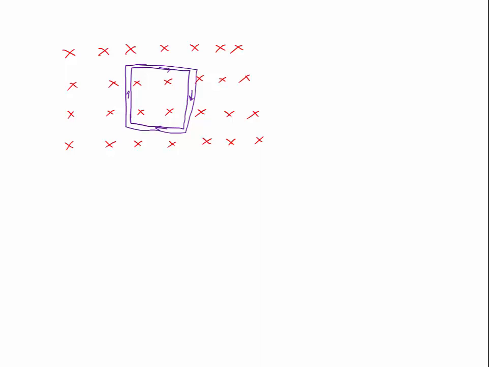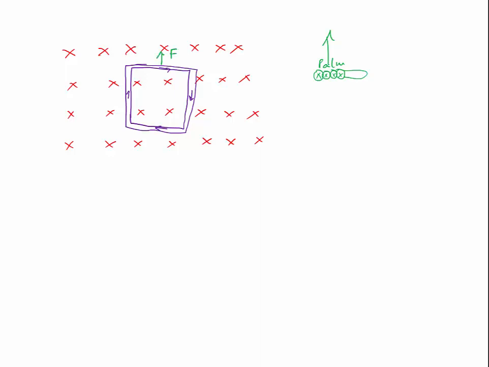So I will hold my right hand with the thumb pointing in the direction of current, this way, and the fingers all pointing into the page. In order for your right hand to take that orientation, you will have your palm facing up. So your palm is here, which means the direction of the force on this segment is going to be to the top. Repeat that for the other segments.